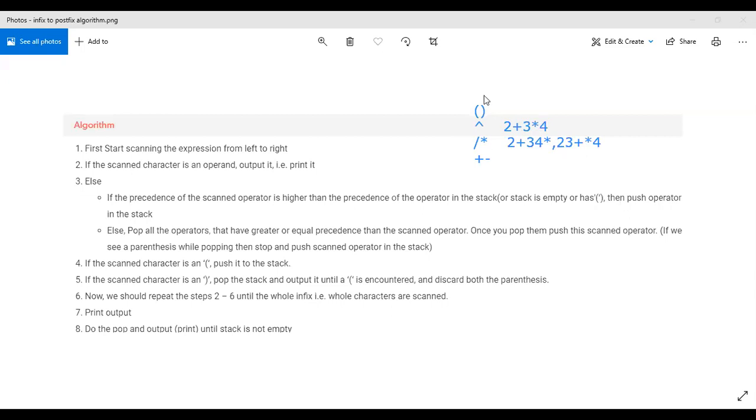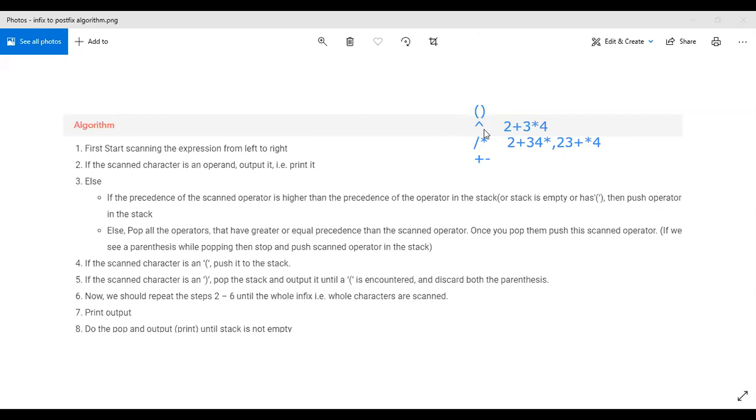While seeing the example, you can understand the things. But what you have to remember is that brackets are given first preference. Next, exponent. Next, slash and star. Then plus and minus are given the next preference. This is the order of preference, in other words, what we call precedence.